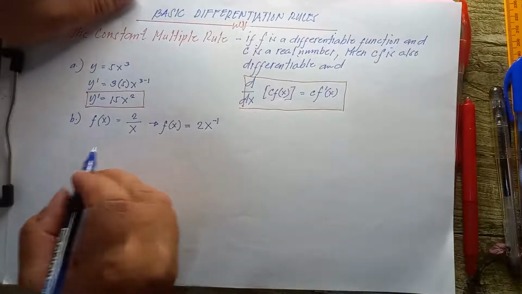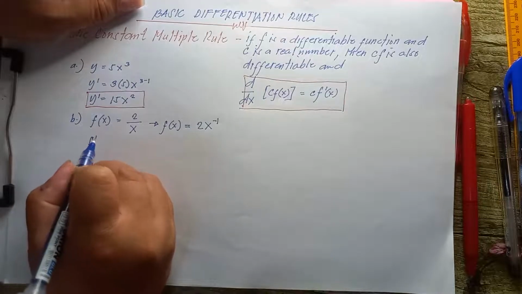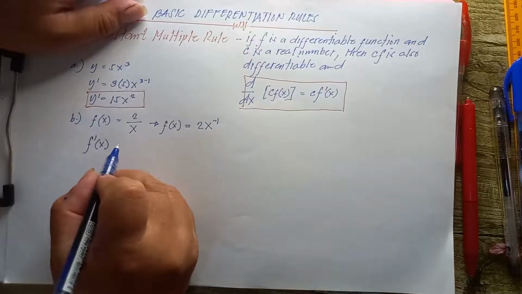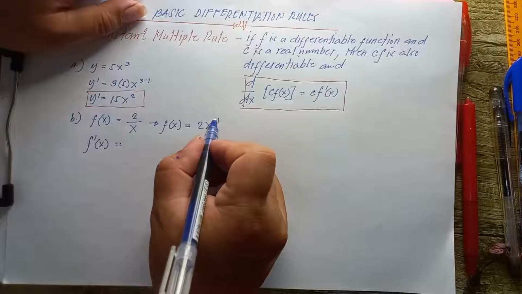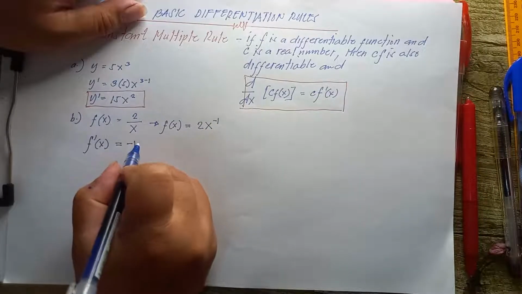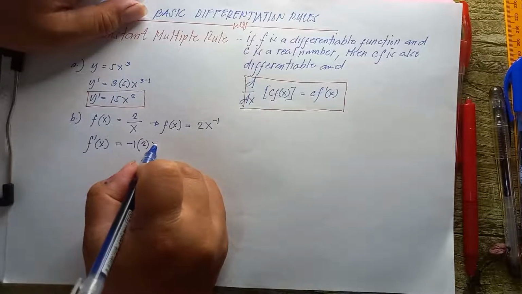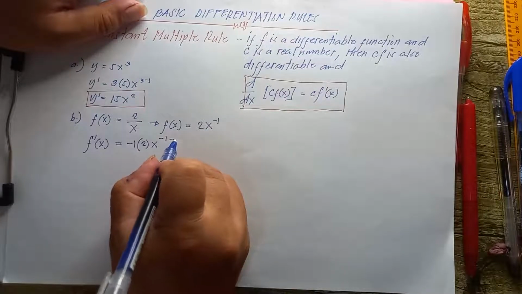Now, how is that? We say that f prime of x is equal to negative 1, bring it down again as your multiplier, that is your n, negative 1 multiplied by 2x raised to negative 1, the original, minus 1.